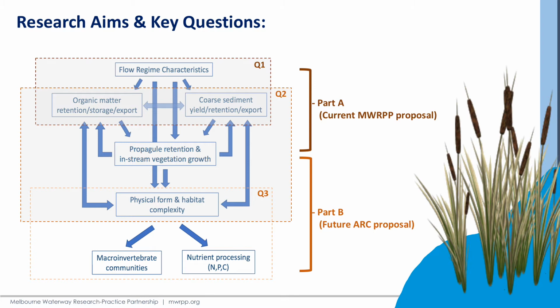So if we just look at the two shaded boxes labelled Q1 and Q2 at the top of the diagram, we can see that we're interested in getting a better understanding of how various flow metrics, for example, mean annual flow or FRE7, directly influence organic matter retention, storage, export, also coarse sediment yield, propagule retention, and in-stream vegetation growth and physical form.